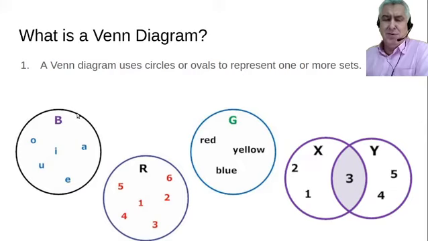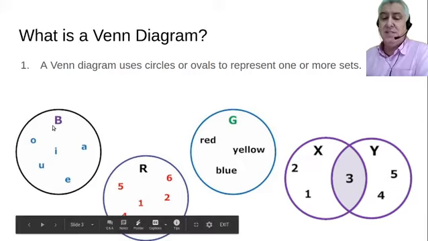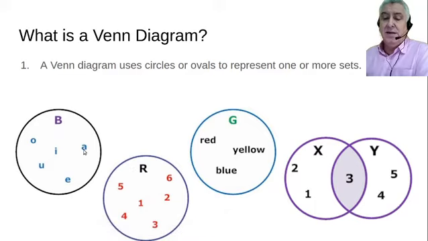But it's always labeled as to what it is, and then the elements that are in it. And so you can see here I've got B, which is the vowels, and R, which is the natural numbers 1 to 6, and then G, which is the primary colors.